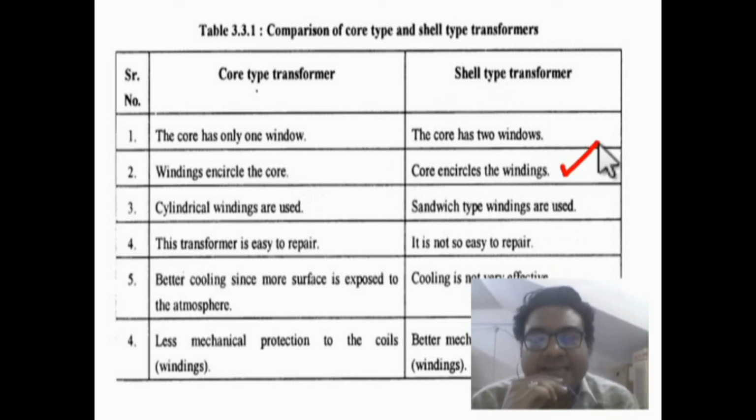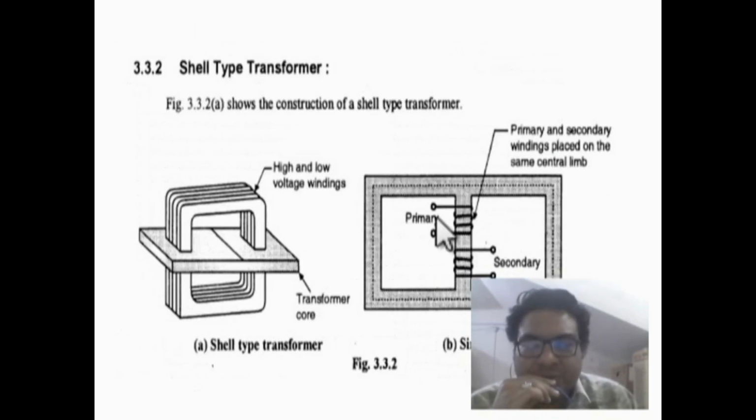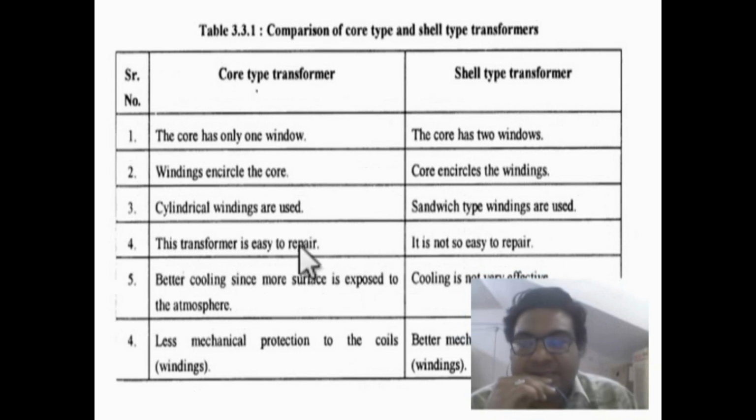So here 90% of the iron core is visible, but only 10% of the windings are visible, so cooling of the core becomes easier. Most of the core is visible. So this is the second difference.